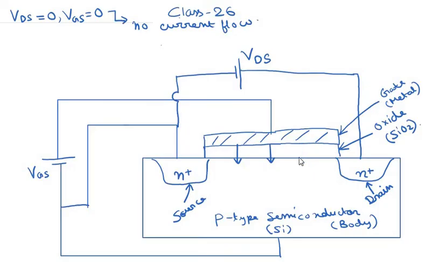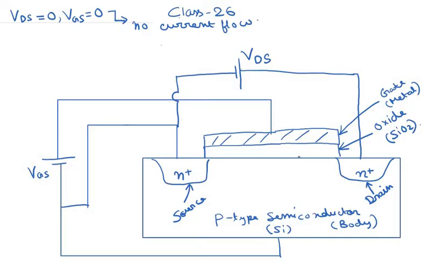Initially when this electric field was not there, or initially when VGS and VDS were 0, everything was neutral in the body. Now this electric field that is impinging on the surface of the body is basically repelling the holes. So when holes move away from the surface, the negative charge is basically exposed, and this negative charge belongs to ions.